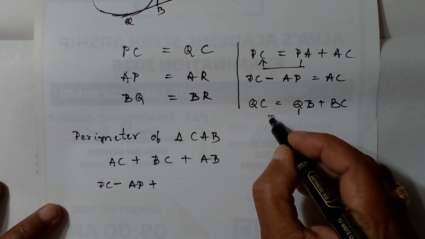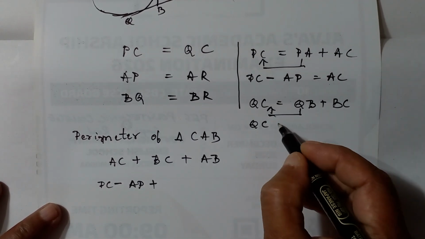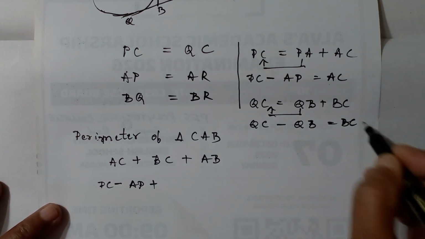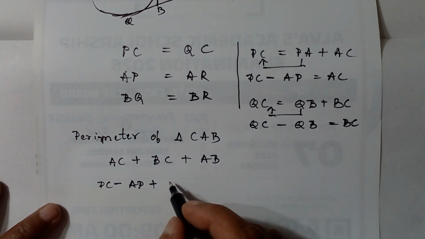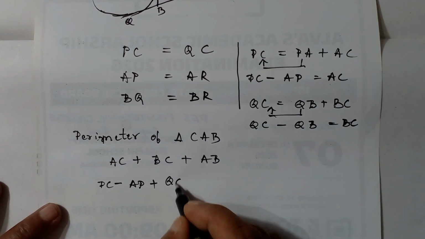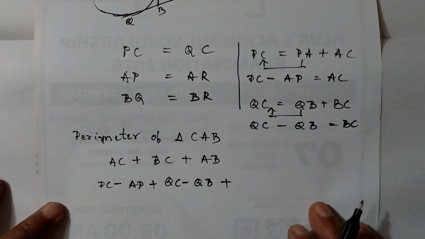It is the same case: QB transposed, then QC minus QB is equal to BC. So I am going to write BC as QC minus QB.